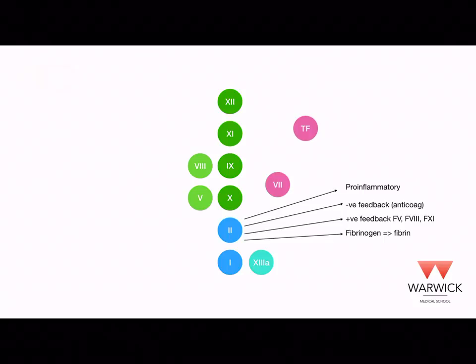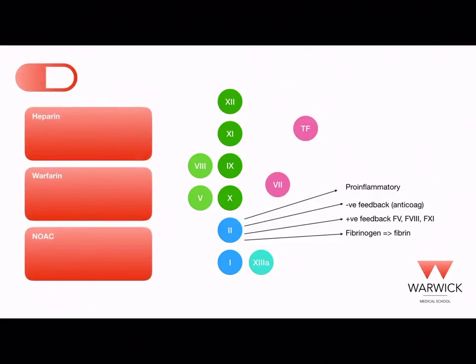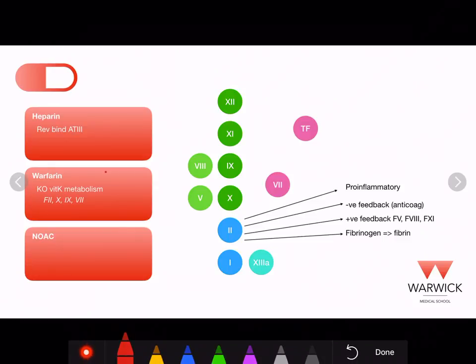Nice, simple. Now, drugs. Heparin, warfarin, new oral anticoagulants. So heparin's mechanism of action is to reversibly bind antithrombin 3. Warfarin knocks out vitamin K metabolism, so factors 2, 10, 9, and 7. So warfarin, we did it at week K, didn't we?